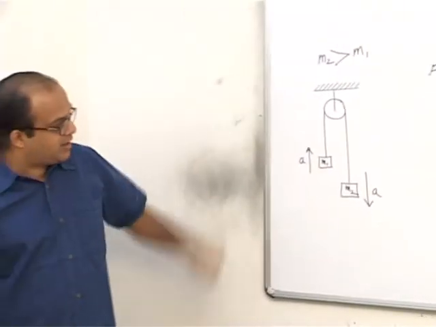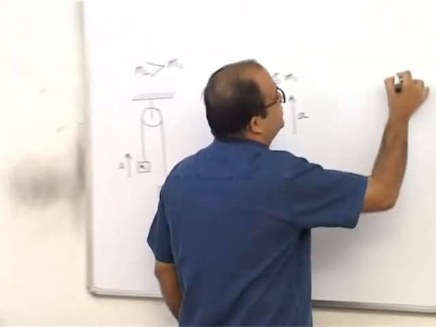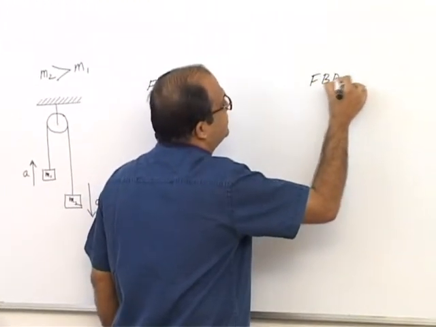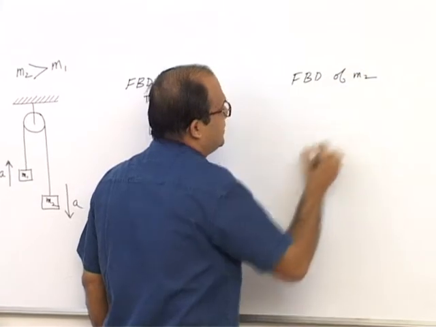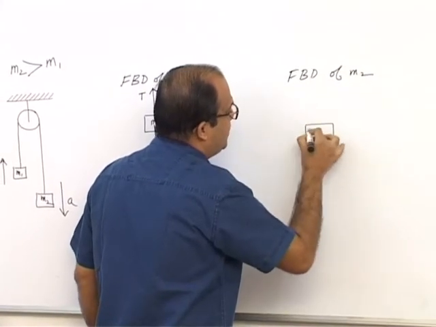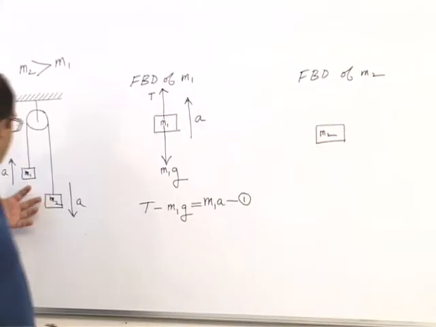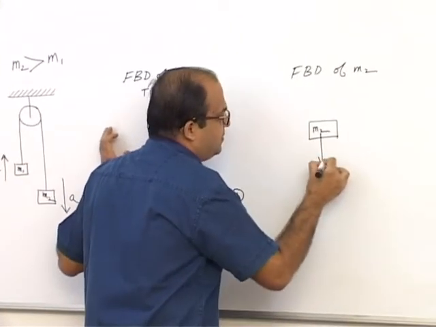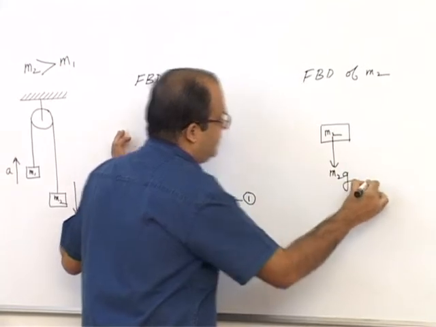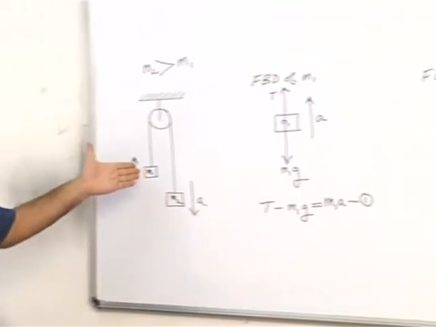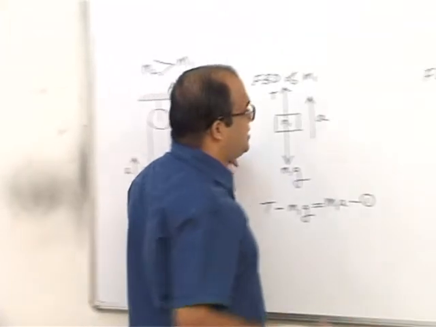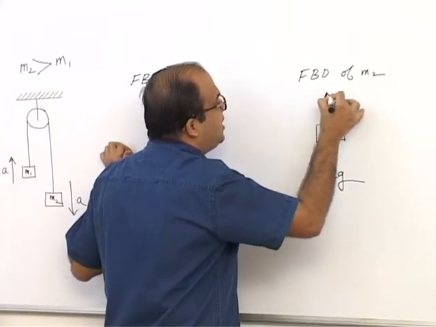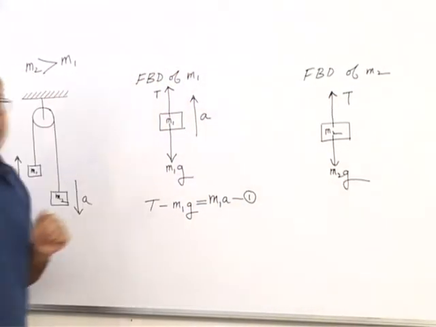Now we draw the free body diagram of M2. On M2, again it is having mass, so weight will act vertically downwards. Since it is again connected by a string, tension will act along the string and away from the body under consideration.